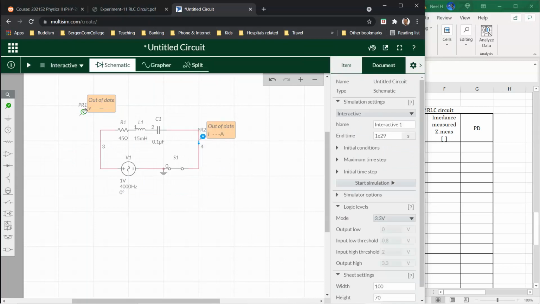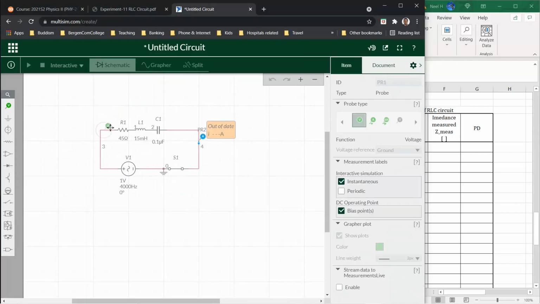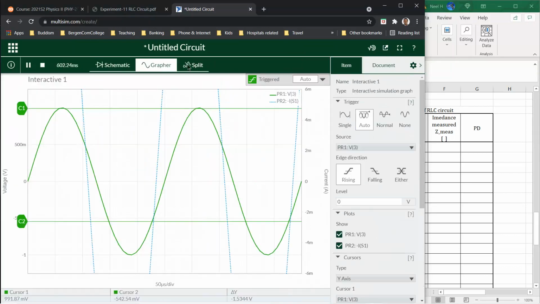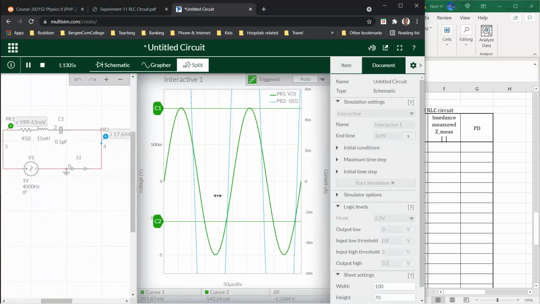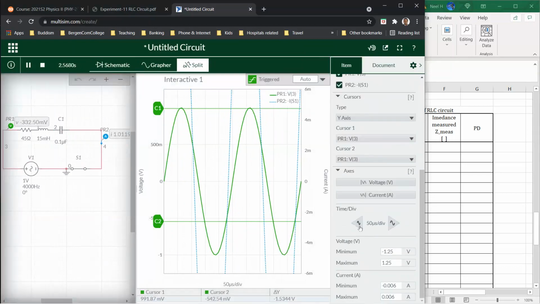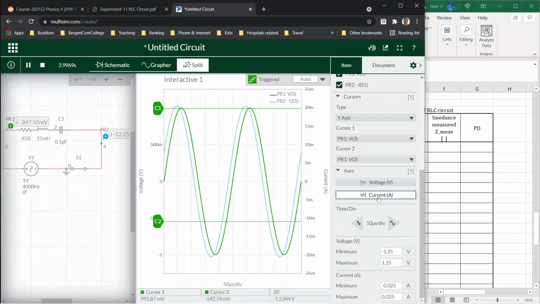Okay, looks good. We'll put the voltage sensor right here because we would like to measure the total voltage across all three as a function of current. Okay, that's what we're measuring. Simulate it. We'll put it into the splitter so we can see both the graph and this. Now, what we're really interested in is how the voltage and current behave.